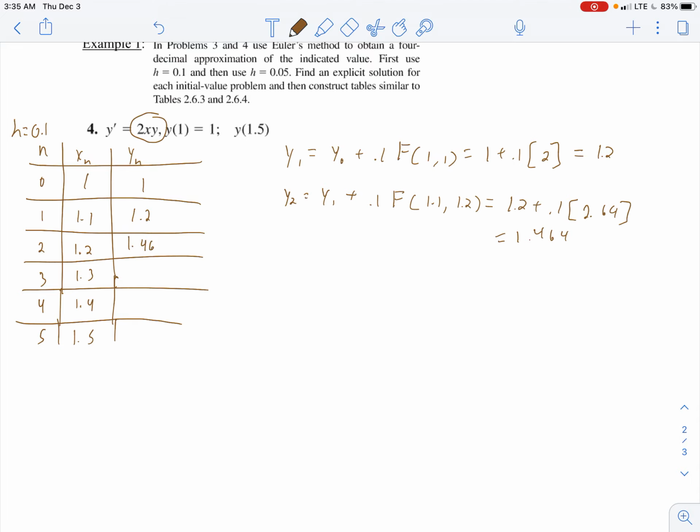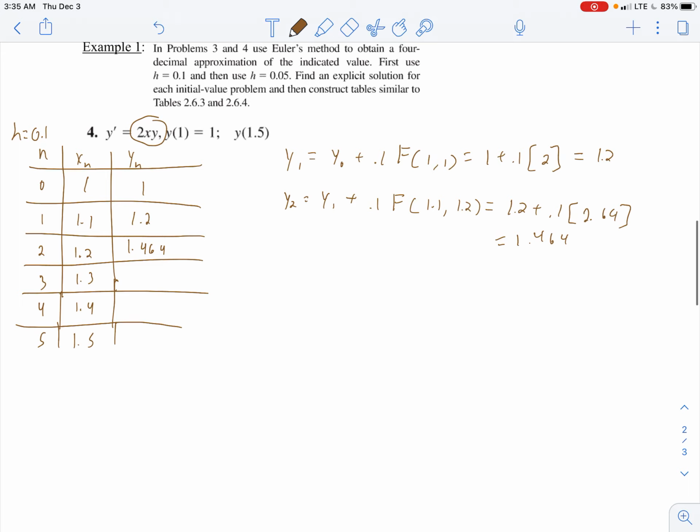So that's going to be our next value, 1.464. And then you continue the same process. Y sub 3 is going to be y sub 2 plus 0.1 f of the previous x and y. And then now I would start to use a calculator. And you'd find your next value. Alright, and so you find all your values this way.